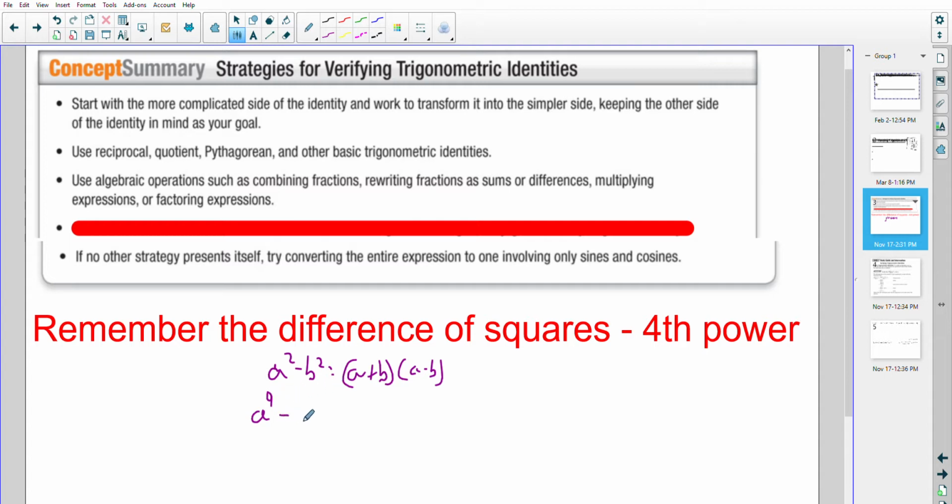So a to the fourth minus b to the fourth is going to equal a squared minus b squared times a squared plus b squared. Again, looking at the middle terms, they would cancel and you're left with those two. So just a quick reminder that you can do it to the fourth power as well as the square power.